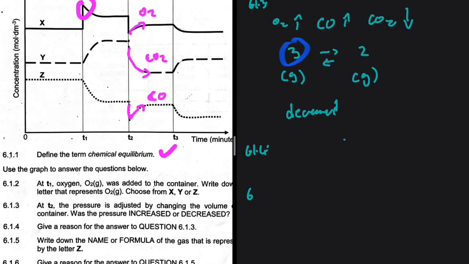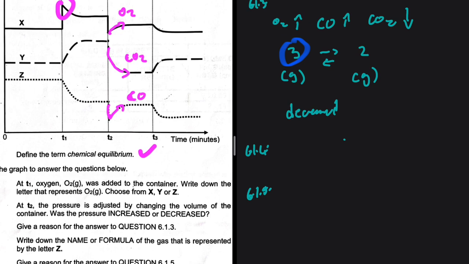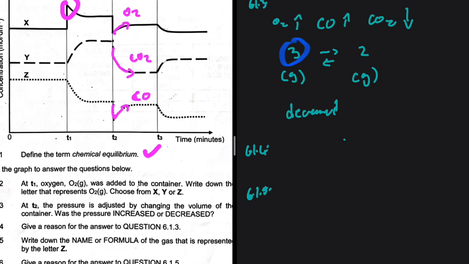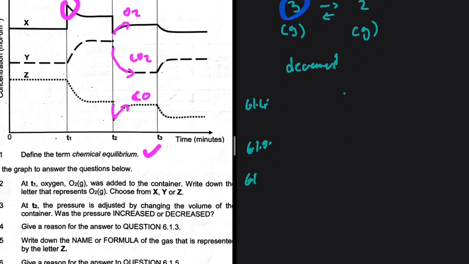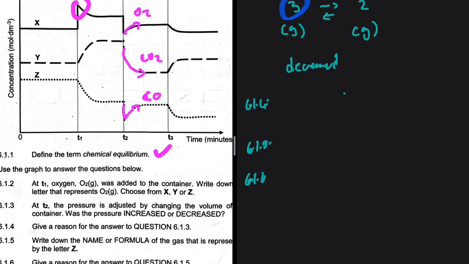6.1.5. Let's take a look at that one. Write down the letter or formula of the gas that is represented by the letter Z. We already have the answer. 6.1.6. Give a reason for the answer to question 6.1.5. Well, we already have the answer. Why am I saying that?